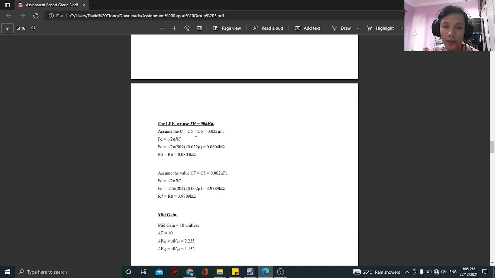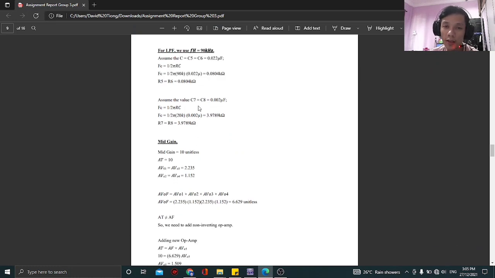For the LPF we use the high cutoff, which is 90 kHz, and we assume C5 and C6 equal to 0.022 microfarad, and we get R5 and R6 0.0804 kilo ohm. For C7 and C8 we assume 0.002 microfarad, and we get R7 and R8 is 3.9789 kilo ohm.